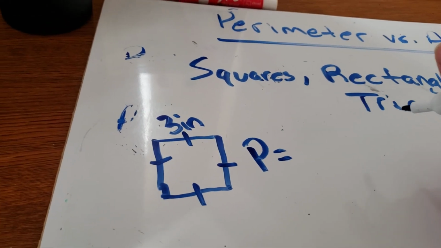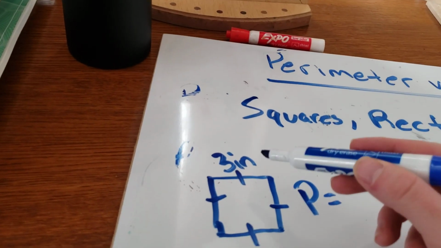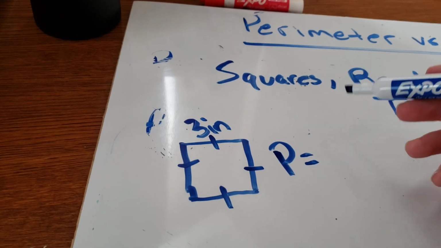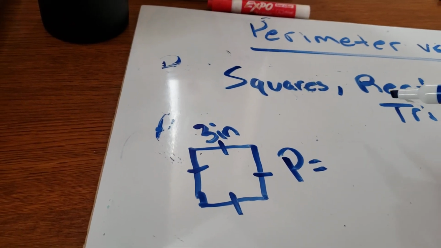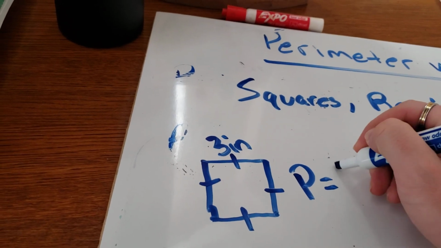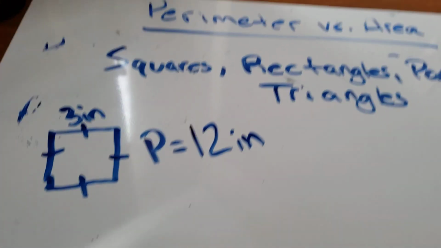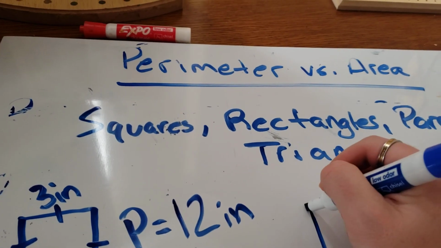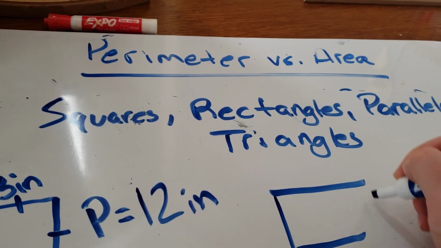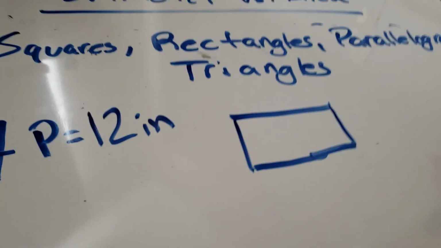In a square, all the sides are the same. We've got 4 sides that are 3 inches. 3 inches plus 3 inches plus 3 inches plus 3 inches, or 3 inches times 4, gives us a perimeter of 12 inches.